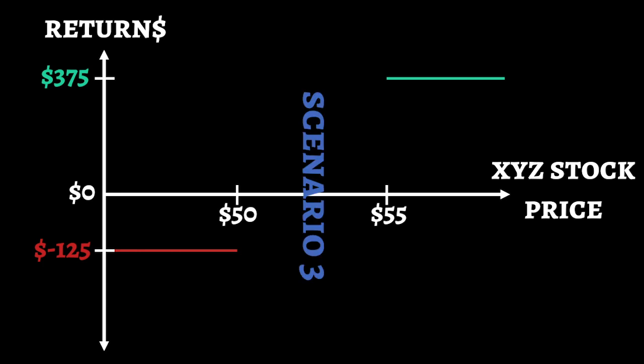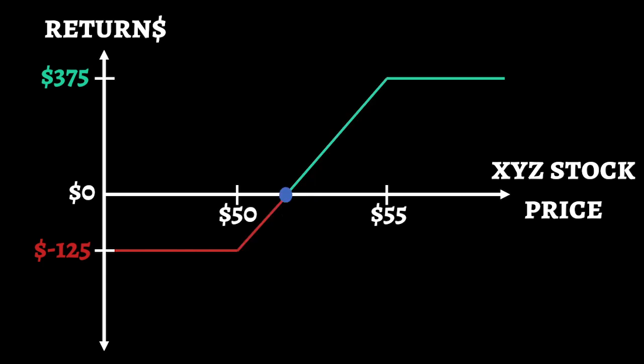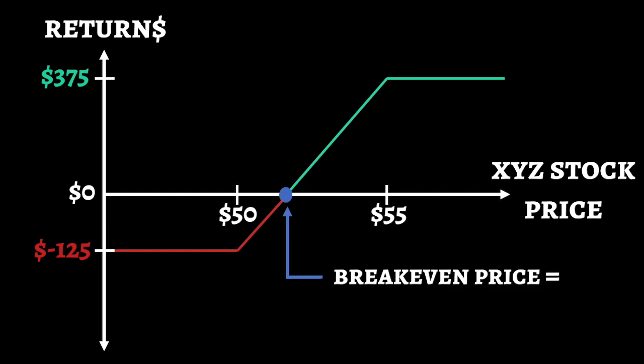Finally, scenario 3. Let's discuss what happens if XYZ is trading between $50 and $55. This situation means the first option expires in the money and the second one is out of the money. The return in this scenario can be thought of as a sliding scale between the maximum loss and the maximum profit. The break-even price can be computed by adding the net premium paid to the lower strike price.